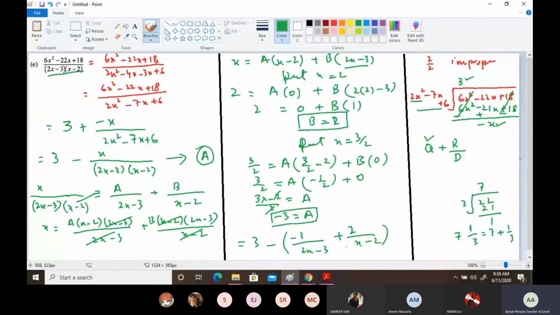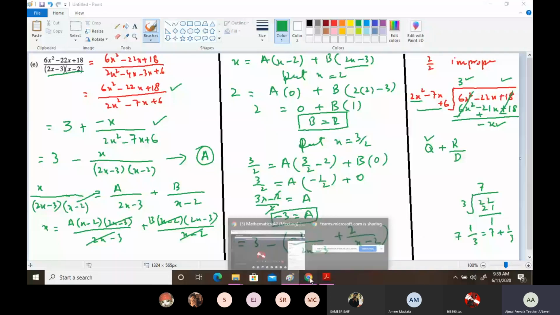Anybody confused till this, you may ask. First of all, I repeat the process. You have to convert this by the long division method. This is done and you can convert it into a proper fraction. And then you can go for the simple partial fraction method after getting it into proper fractions.